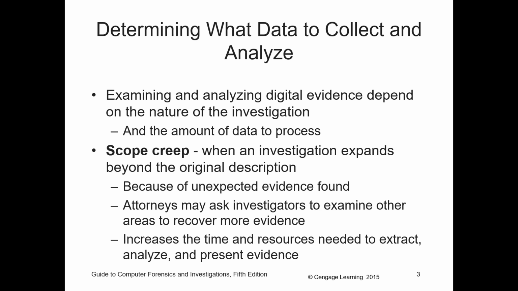So when we are examining any digital forensics, the nature of what you're investigating is important. And of course, the size, that's the amount of data you're processing, is key. We always recall that there is always a scope creep. In a scope creep, you end up expanding your scope or the size of your original investigation description.